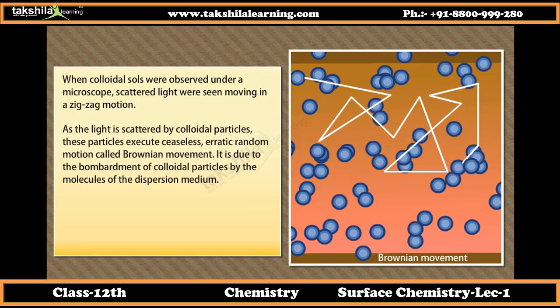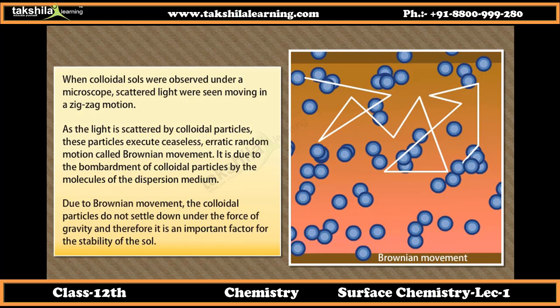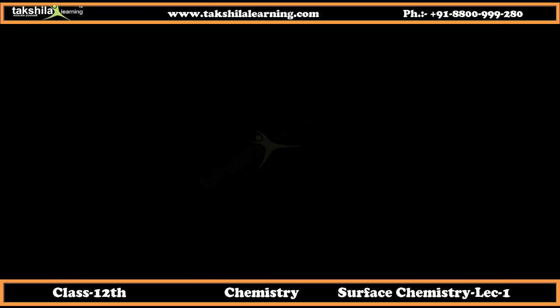As the light is scattered by colloidal particles, these particles execute ceaseless, erratic random motion called Brownian movement. It is due to the bombardment of colloidal particles by the molecules of the dispersion medium. Due to Brownian movement, the colloidal particles do not settle down under the force of gravity, and therefore, it is an important factor for the stability of the sol.